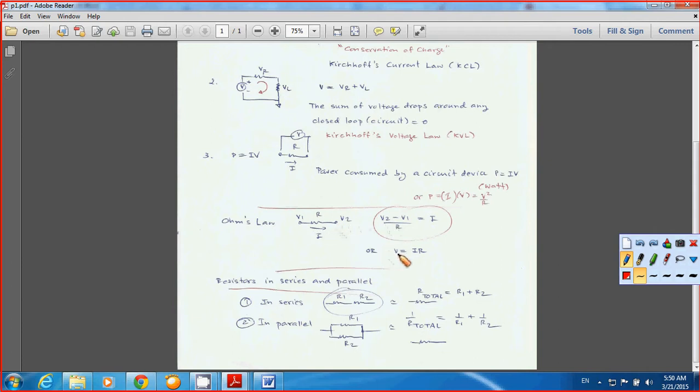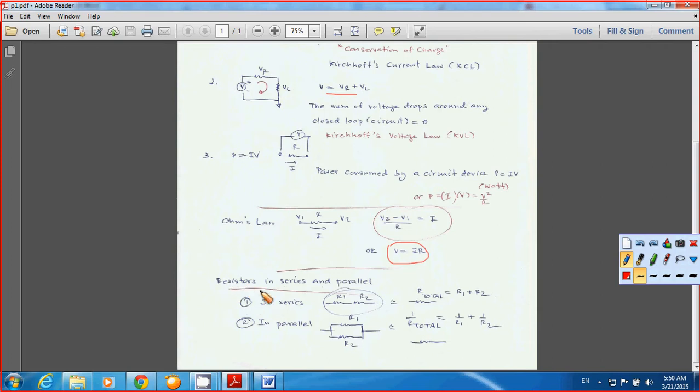So from V equal to IR, you can write V2 minus V1 over R equals I. It seems to be a very basic equation, but when you get into a complicated circuit, keep in mind that you have to play around with these three equations: Ohm's law, KVL, and KCL.